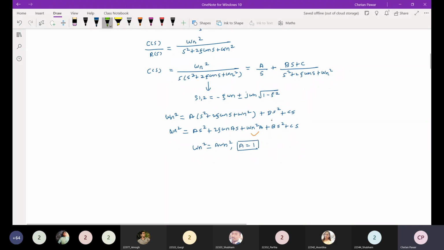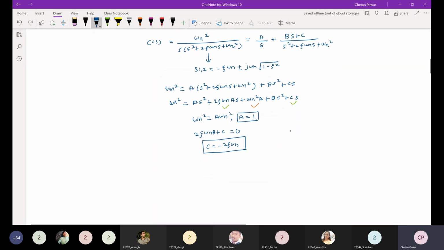Then for the first order terms, that is 0, so 2 zeta omega n plus C is equal to 0. Because A is 1 here, I have directly put it. So C will be minus 2 zeta omega n.